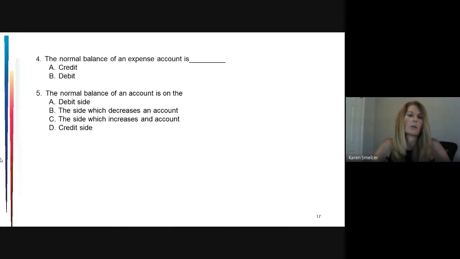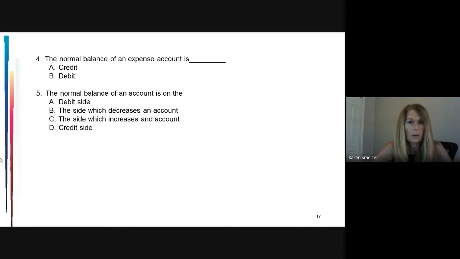And the last 2, the normal balance of an expense account is either a credit or a debit. And the normal balance, remember, is the side which increases the account. And that, of course, depends on the account type.